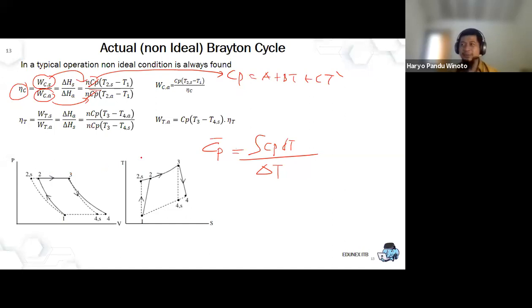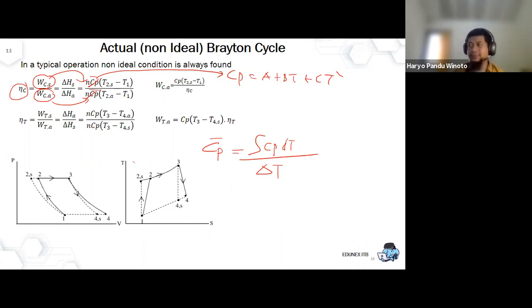As you can see here, T2S is always smaller. When we isentropically compress anything, compared to the actual one, we always have a smaller temperature of isentropic compression.